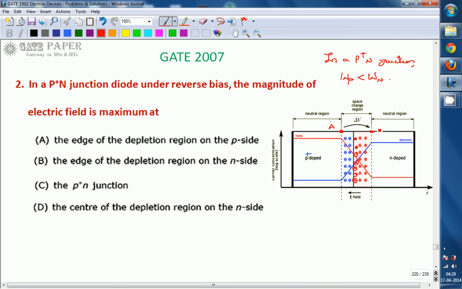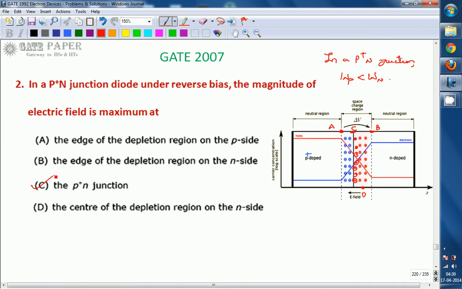C is the P plus N junction, exactly this junction. And D is the center of the depletion region on N side. Out of these points A, B, C, D, at which point the electric field will be maximum, we are going to calculate now. The right option for this question is C.